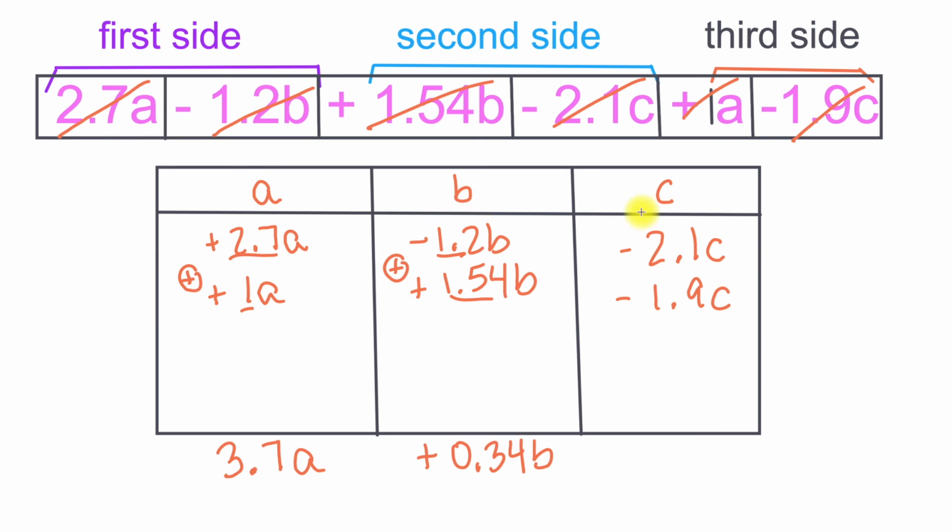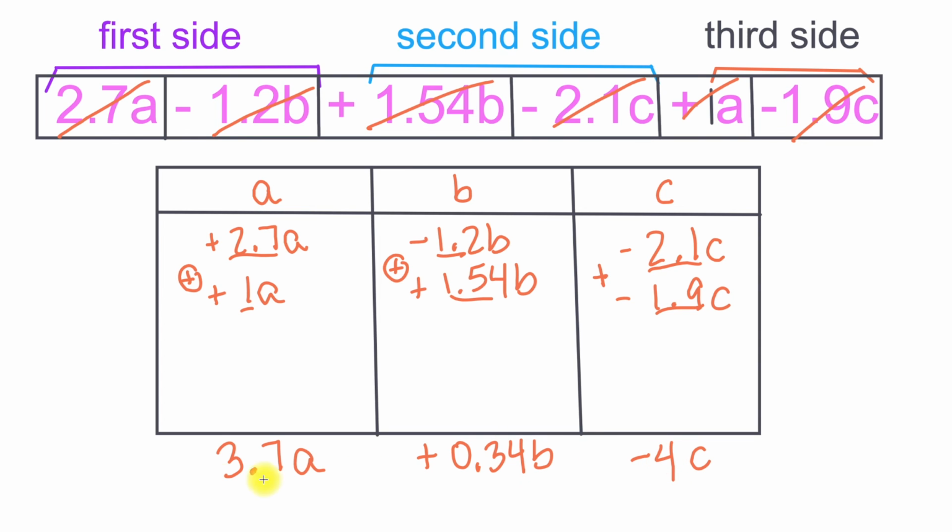And the next column is C, negative 2.1. In the calculator, we'll enter negative 2.1 plus negative 1.9, and that would give us negative 4. So this term here would be negative 4c. So the first term is 3.7a, then the second term is positive 0.34b, and the third term is negative 4c. Now that's the separate terms.